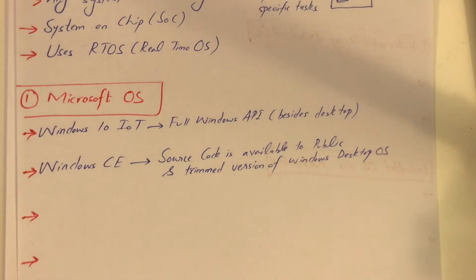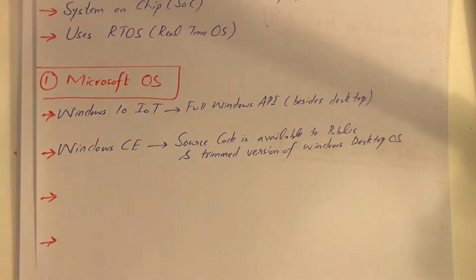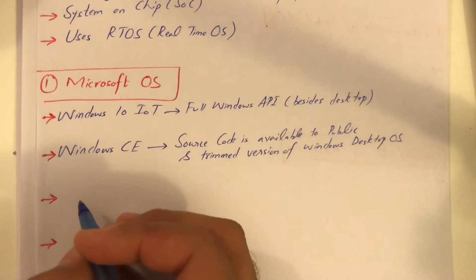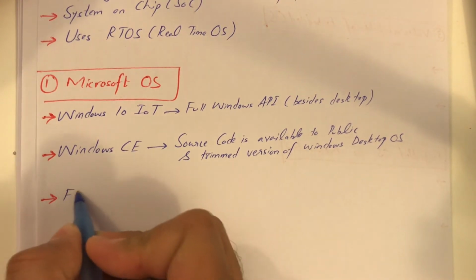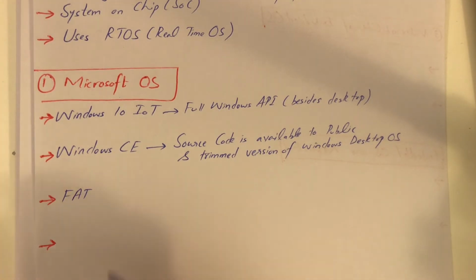Other than that, for access control in these embedded operating systems, just like Windows 10, Windows 8 or Windows 7, they use a filing system. One of the filing systems that you might have heard about is FAT. Of course, we don't use that filing system anymore in Microsoft Windows because it has some shortcomings.